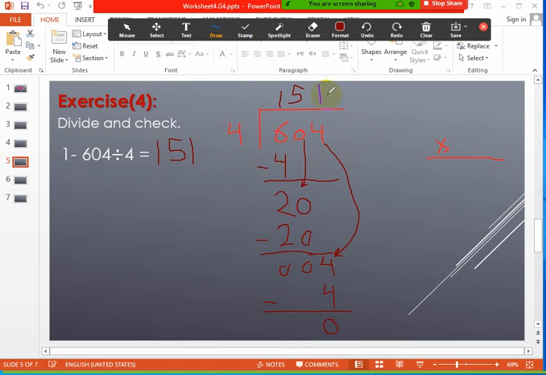Now, if I want to check if my quotient is correct or not, I will use the inverse operation for the division, which is the multiplication. That means I will multiply the quotient with the divisor. Here I don't have a remainder, so I will only multiply the quotient with the divisor.